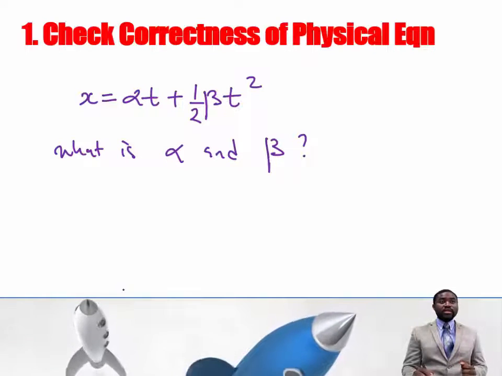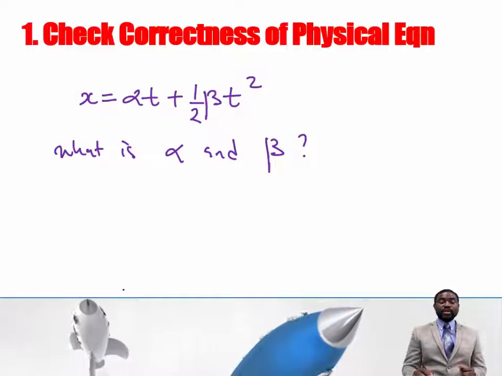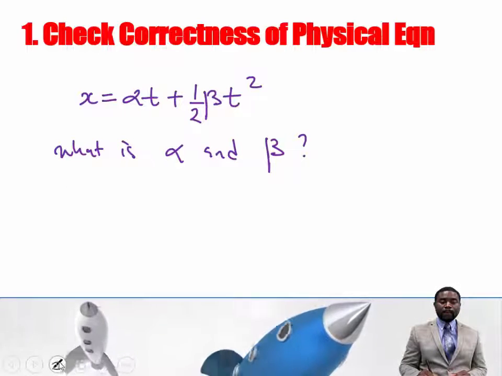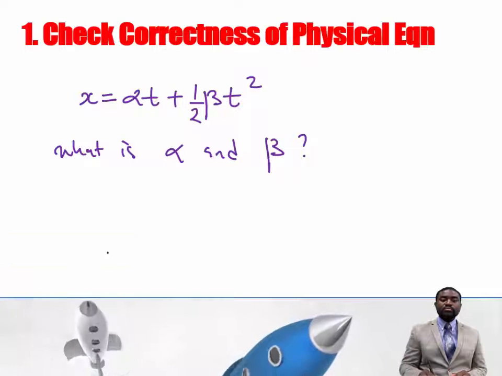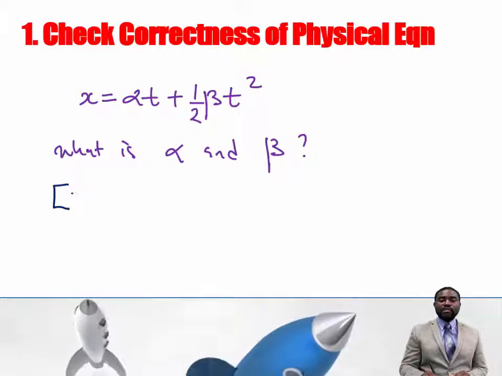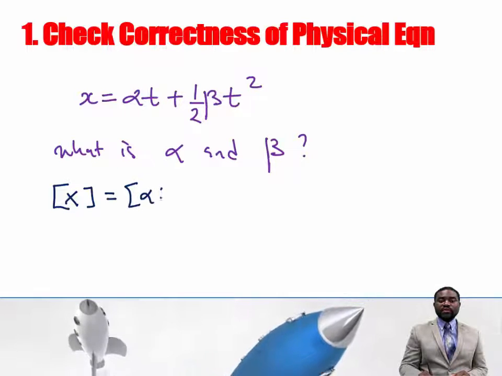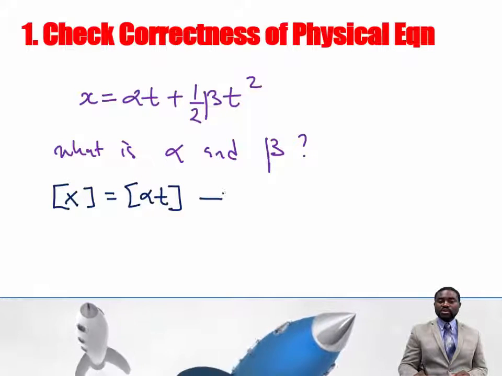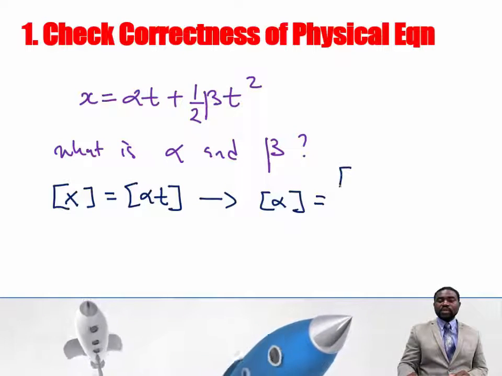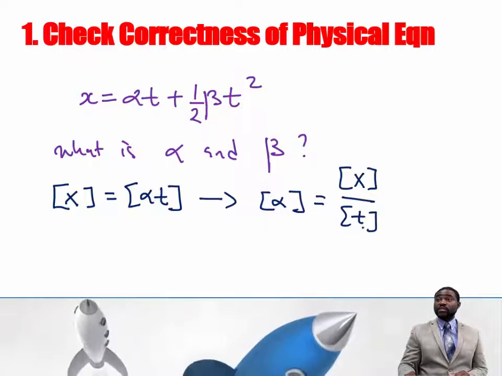We can only add, subtract, or equate two or more terms with the same dimensions. Therefore, we can say that the dimensions of x is equal to the dimensions of alpha t, which means that the dimensions of alpha will be equal to the dimensions of x divided by the dimensions of t.